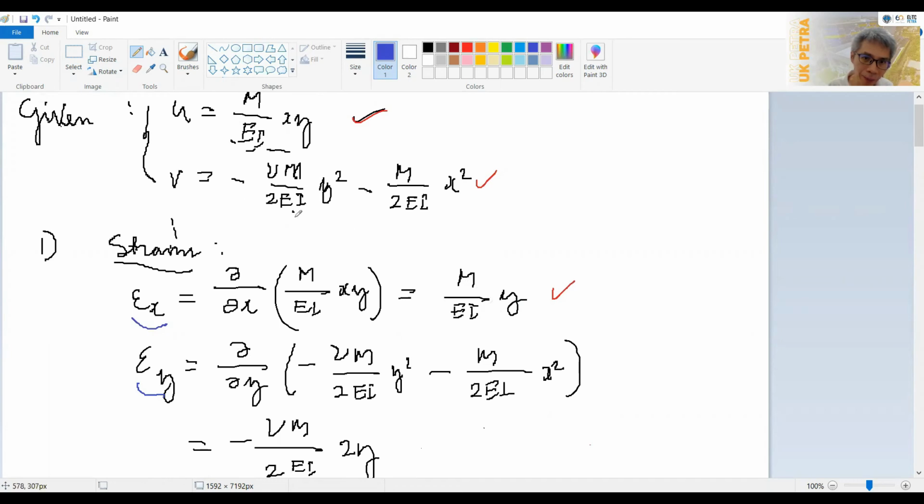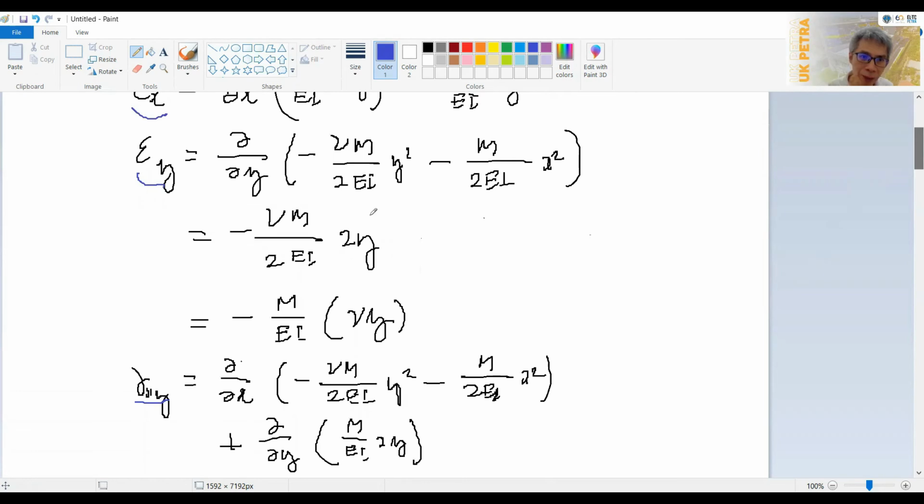So I just plug in v here and calculate the partial derivative with respect to y. Of course, there is no y in this term, so only this has contribution to epsilon y. So the result is minus nu M over EI y, because we can cancel the 2, right?